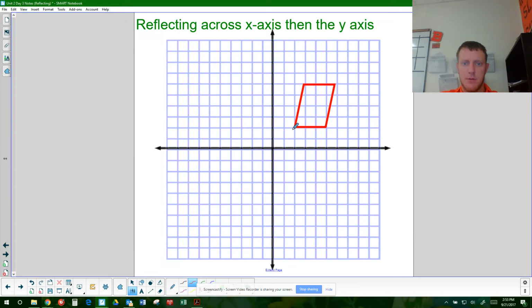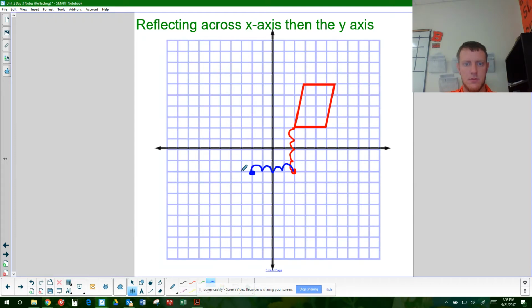So if I'm 2 up, 1, 2, I'm going to go 2 down, 1, 2. So there I did the x-axis. Now I'm going to do the y-axis. I'll do it in a different color. 1, 2. So I'm going to count 2 left, 1, 2. So right here would be that first point. 2 up, 2 down. 1, 2, 1, 2, 3, 4, 5.